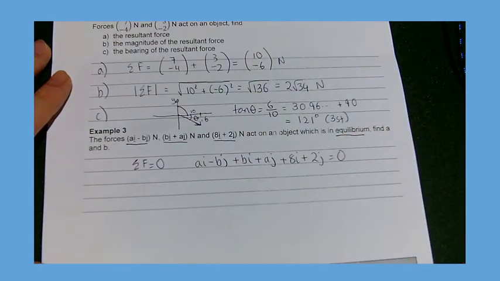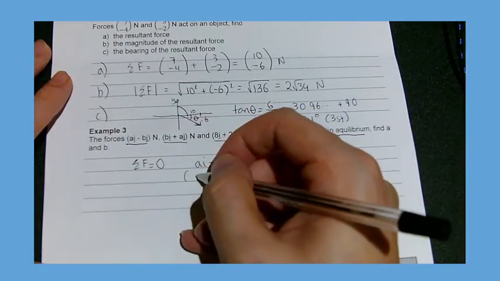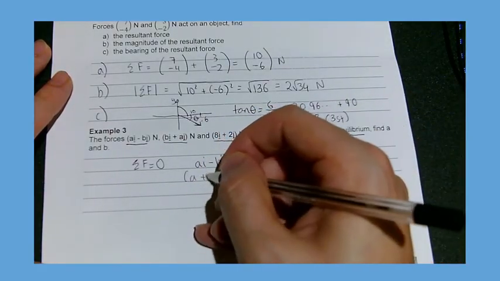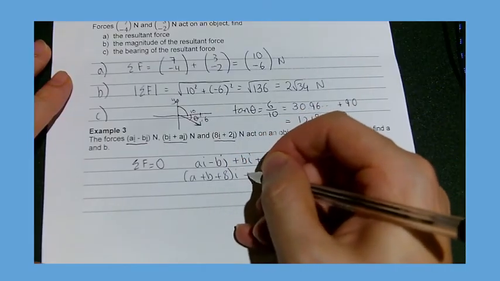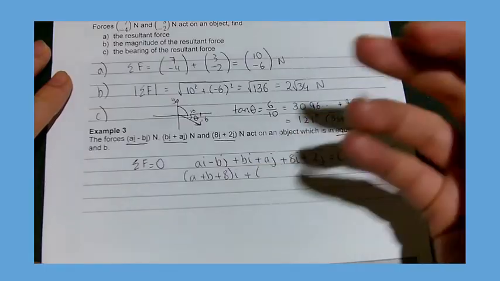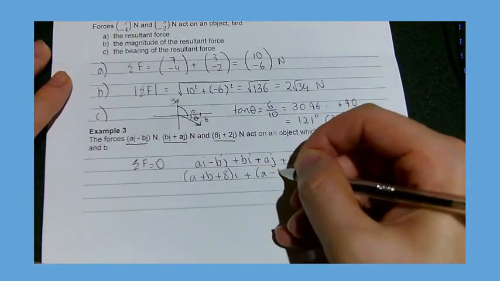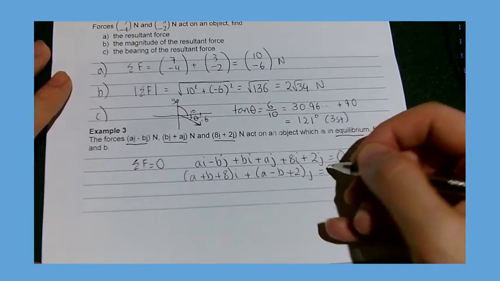What would be a good thing here is to take out the coefficients of i into one bracket. So (a plus b plus 8)i, and then look at the coefficients of j, so (a minus b plus 2)j.